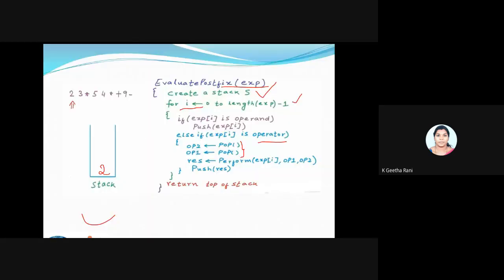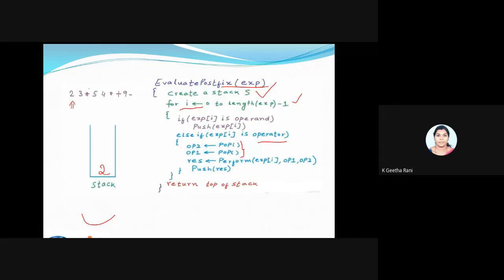I'll work it out and tell you; I'm just telling you the flow of my pseudocode. If I get an operand, put it into the stack. When I get an operator, pop the operands from the stack, perform the operation, and push this result back inside the stack.